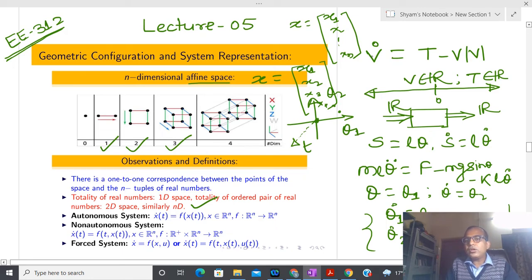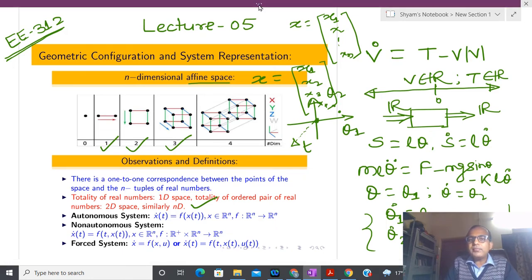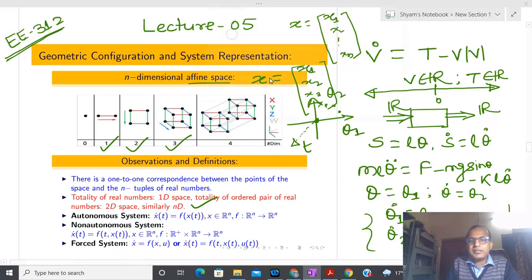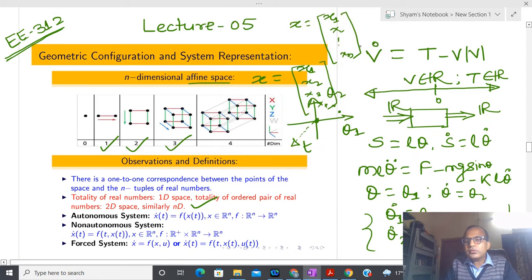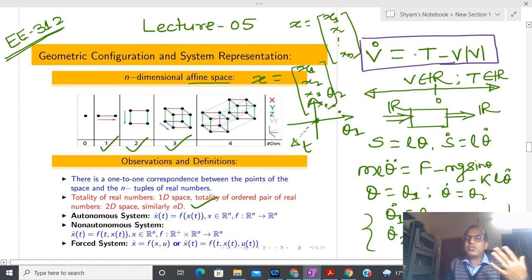In this particular system, whatever underwater vehicle I have considered, suppose for the time being that I stop providing the torque. I have to stop the underwater vehicle, and suppose the water is not flowing, it is still water, and I want to stop the vehicle.